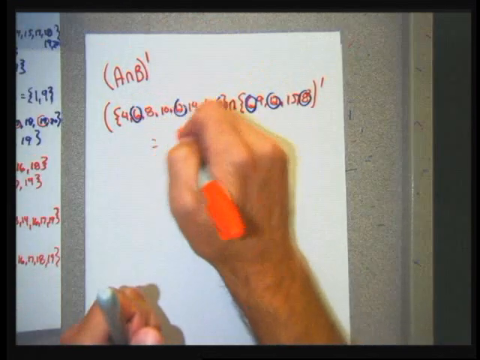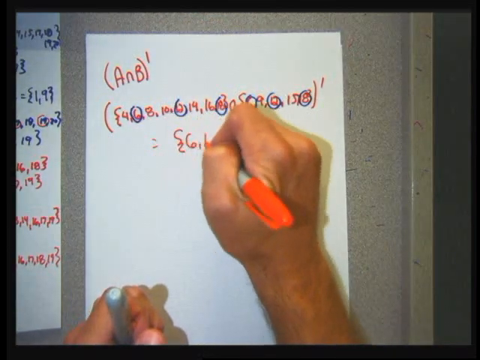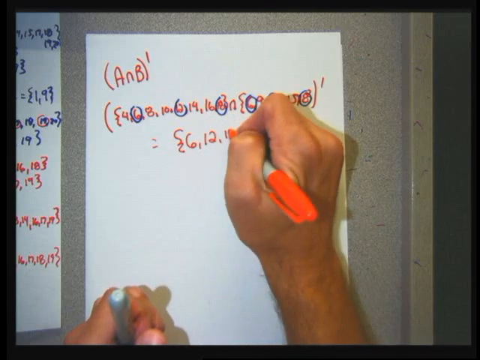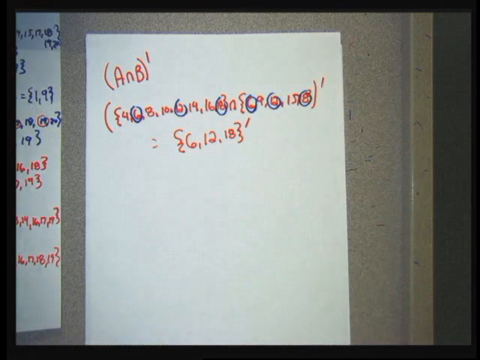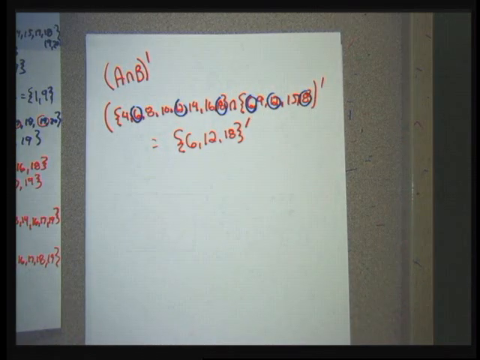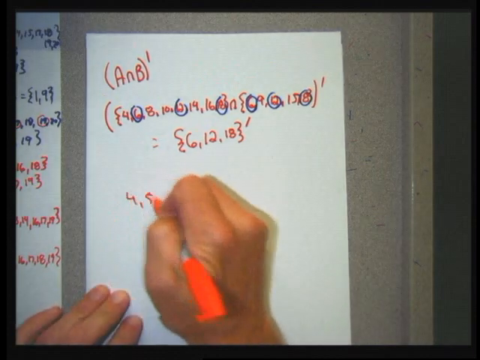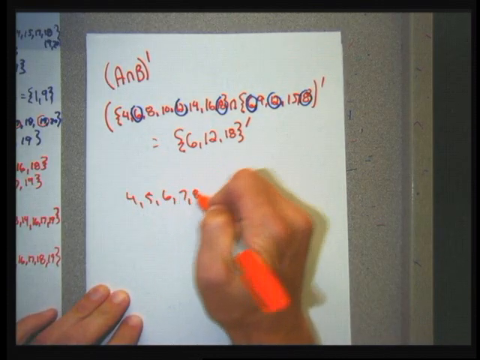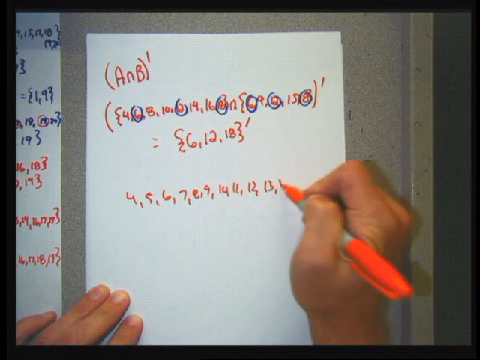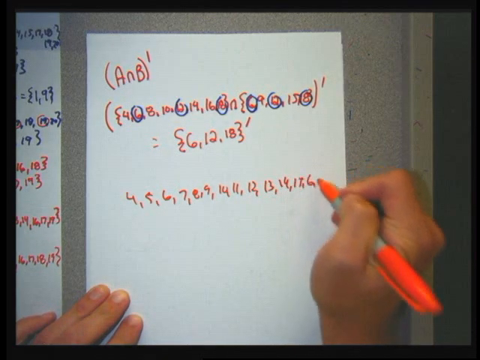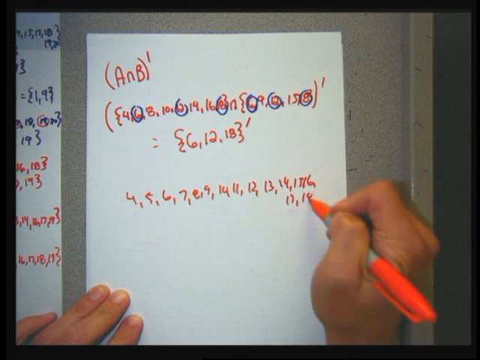But I need to do the prime of 6, 12, and 18 because I haven't dealt with the prime yet. I've only done the inside of the parentheses first. To do the prime of this set, that's any number that's in the universe other than 6, 12, and 18. The universe contains 4, 5, 6, 7, 8, 9, 10, 11, 12, 13, 14, 15, 16, 17, 18, and 19.